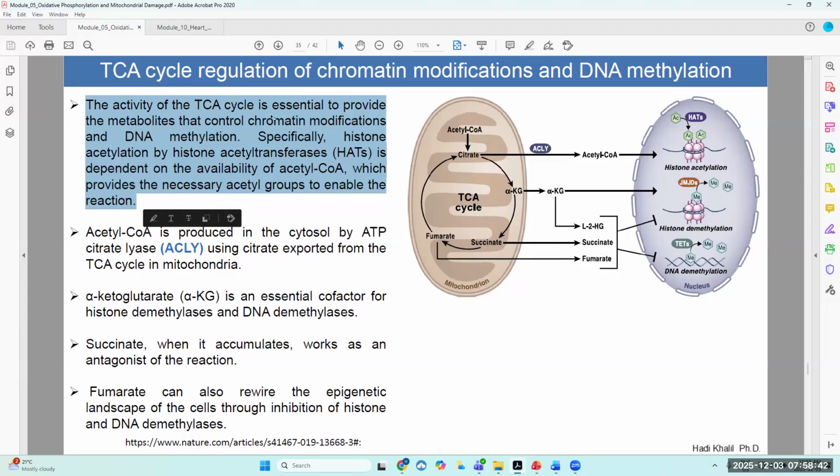The activity of the TCA cycle is essential to provide metabolites that control chromatin modification and DNA methylation, specifically histone acetylation by histone acetyltransferase. Because think about it, it's very logical that you need an acetyl group to be added to the histones, right? So the more you have of that, the more probably you could perform this function by histone acetylation.